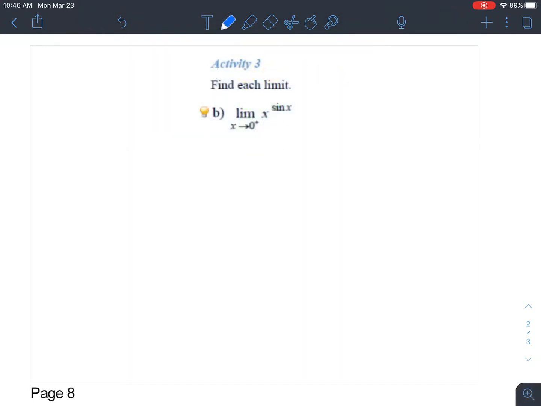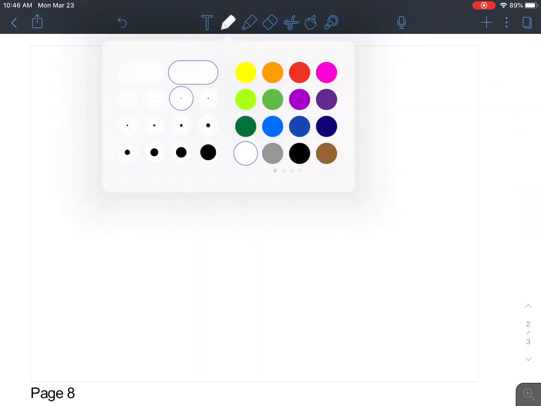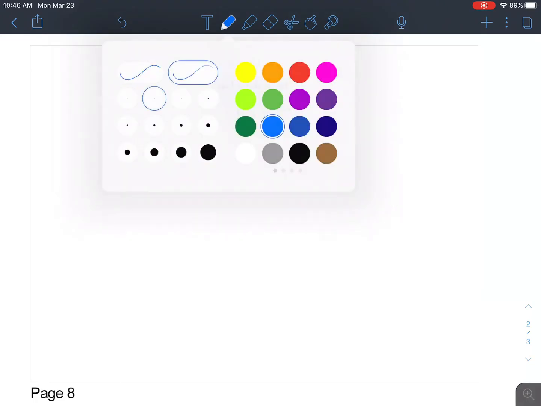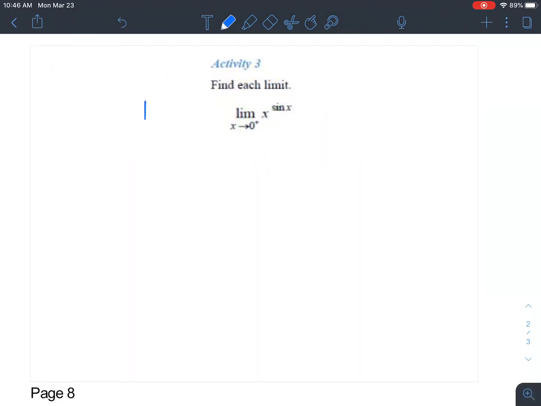Okay, now that you've tried it, let's do it together. So as usual, let's give ourselves some space so that we can write limit as x goes to 0 from the right hand side of y is equal to that. So then we're going to take the limit of both sides.